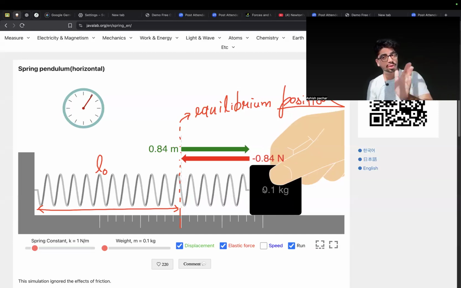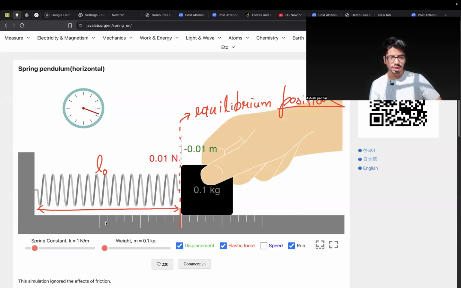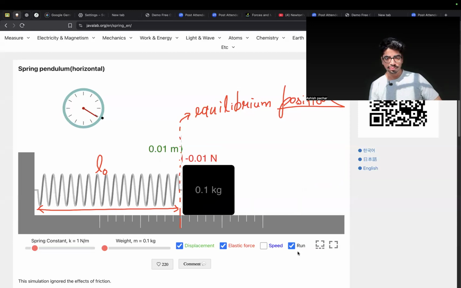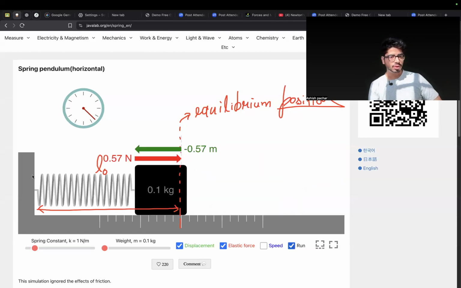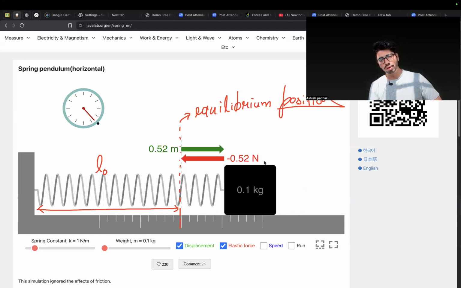The spring force is opposite to the displacement, or you can say the spring force is opposite to the applied force. If I look at this carefully, when I stop here, this is the force applied by me from my hand, on the right side.